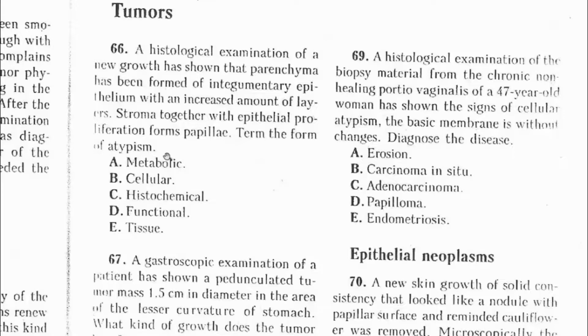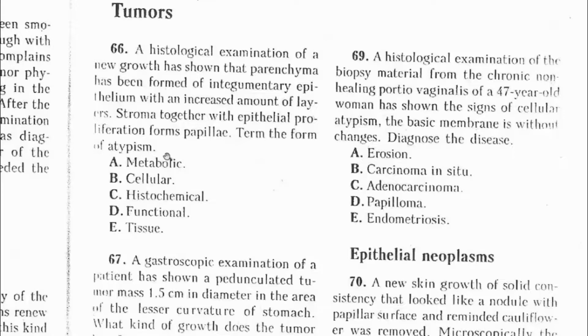Now, neoplasm. Of course, this is definitely neoplasm or tumor. A satisfactory definition of a tumor is the presence of a mass of tissue formed as a result of abnormal, excessive, uncoordinated, autonomous, and purposeless proliferation of cells.